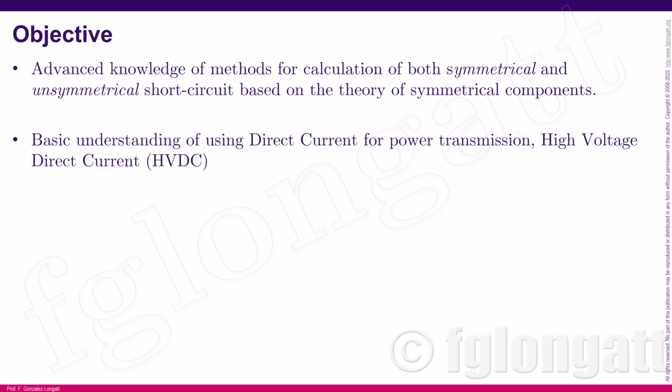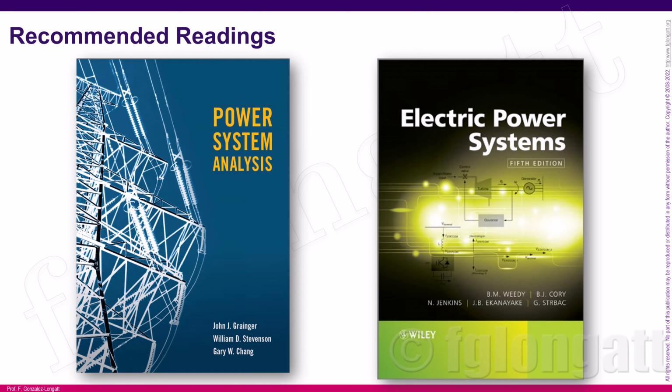Well, probably you are wondering what the most important references, the books that I need to take care of in this course, are. Well, for many years, the university has been using two basic books. One of them is a relatively old book, probably the most recent version of Power System Analysis by Grainger, Stevenson, and Chang, probably coming from 2016, 2017.